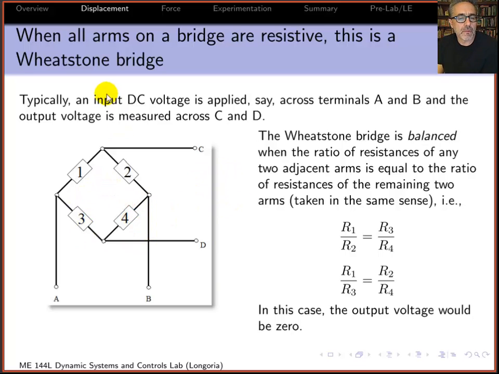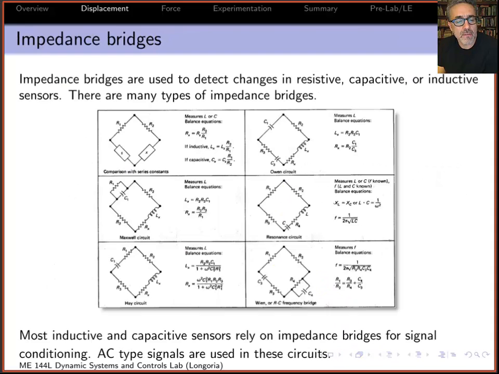But in a typical configuration, you put voltage in, say, across A and B, and you measure the output across C and D. We say that this bridge is balanced when the ratio of the resistances of any 2 adjacent arms, so for example the ratio of R1 to R2, is equal to R3 to R4, or R1 to R3 is equal to R2 over R4. When those ratios hold, then the output is 0, and you can show that. We won't do that here, but you can show that that's the case.